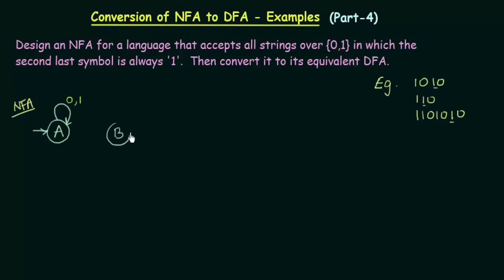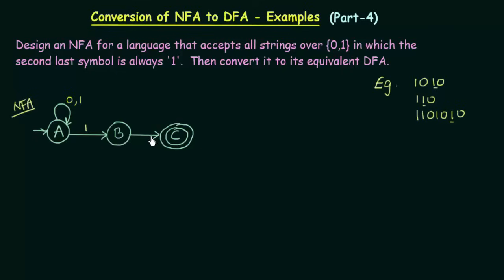So in the beginning, whether it is 0 or 1, let it stay in state A, and state A will go to the next state, state B, on getting the input 1. That means now I assume that this is going to be my second last symbol. So if this is going to be my second last symbol, I send it to the next state B. Then state B goes to the next state, state C, the final state, on getting the next input.